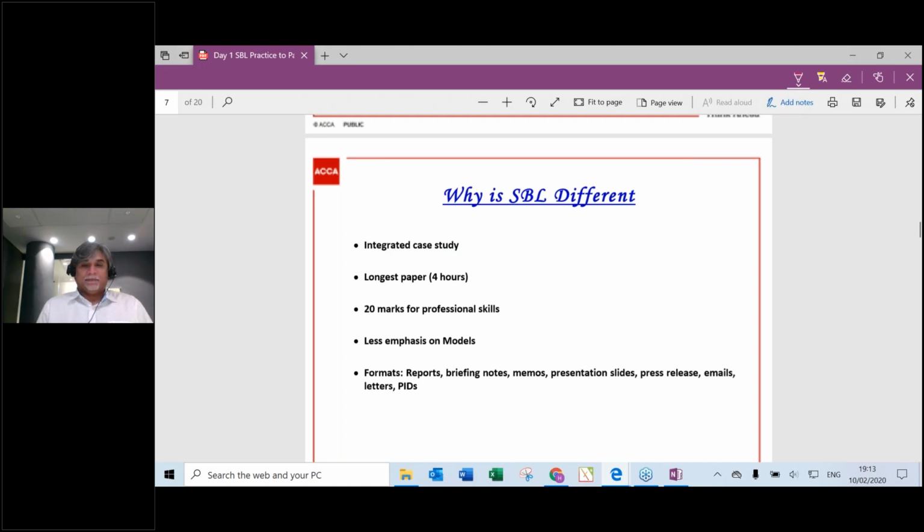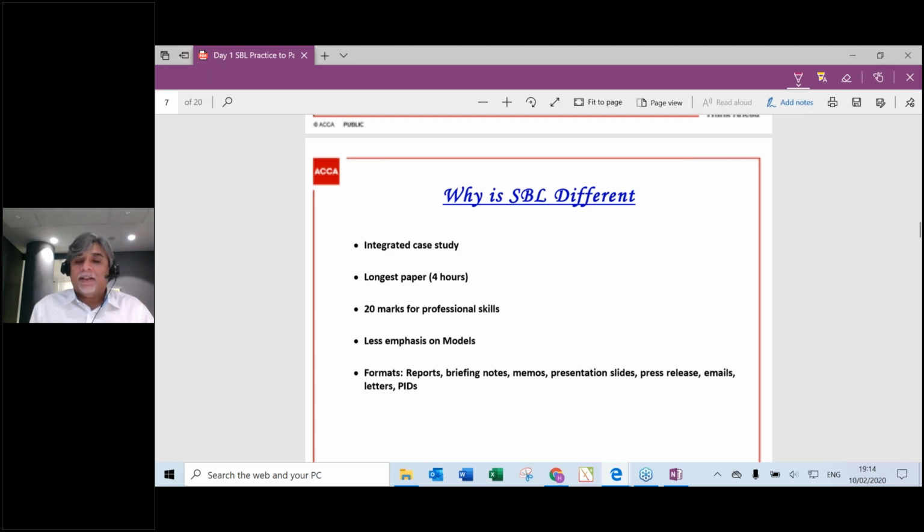It is not a topic. It is kind of fluid, kind of liquid. Okay, it's intangible. We need to work very hard to grab these marks. It can be very easy, it can be very difficult. As long as you know how to grab professional skills, these are cash marks. I love to call them cash marks because you can easily grab them. They are low hanging fruits.